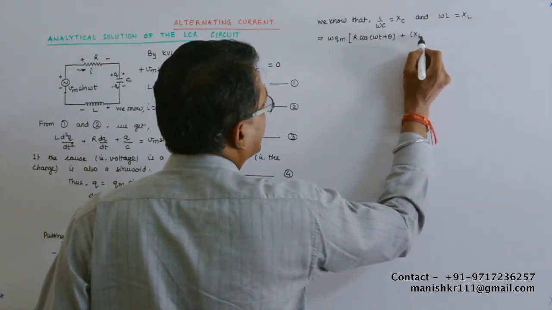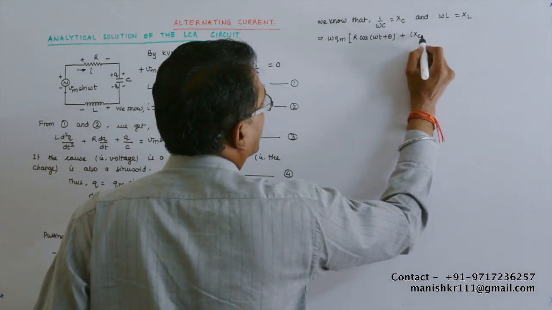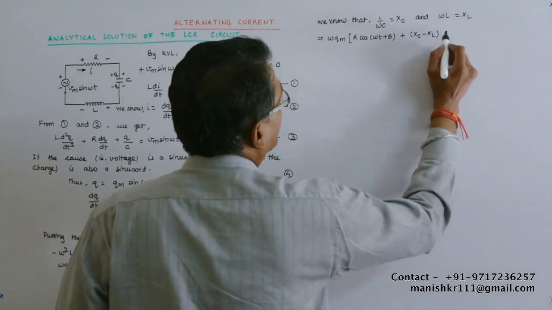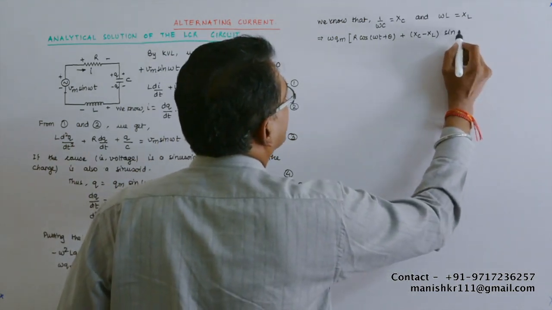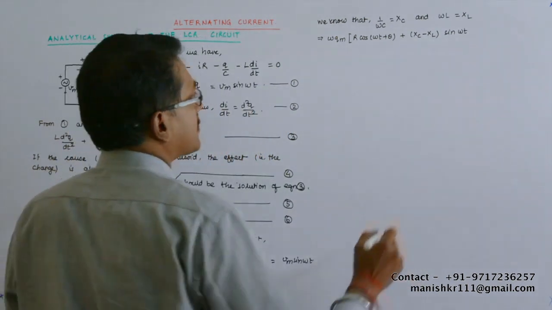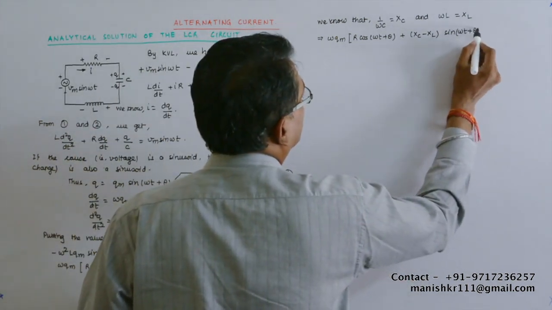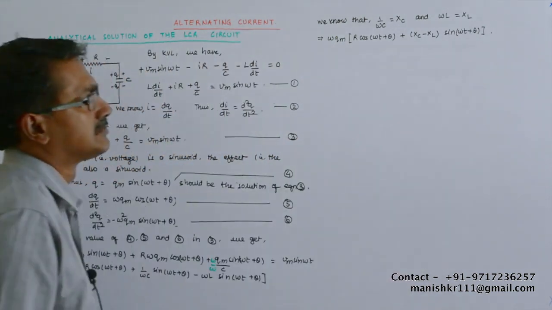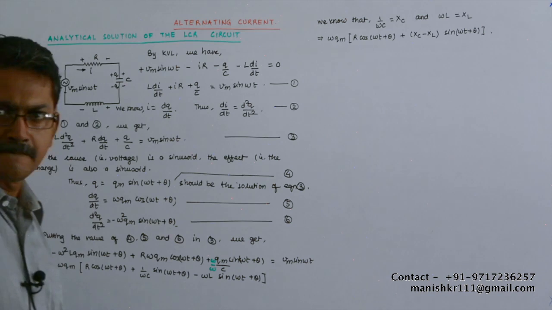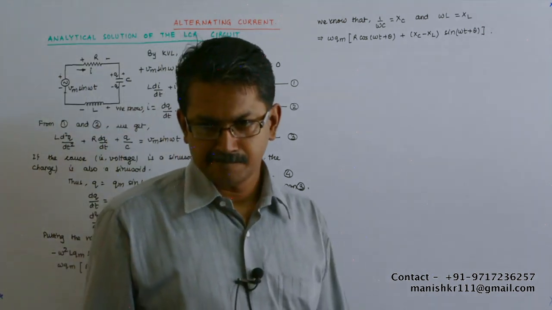So xc minus xl sin omega t plus theta. Is it not? Do we understand that?